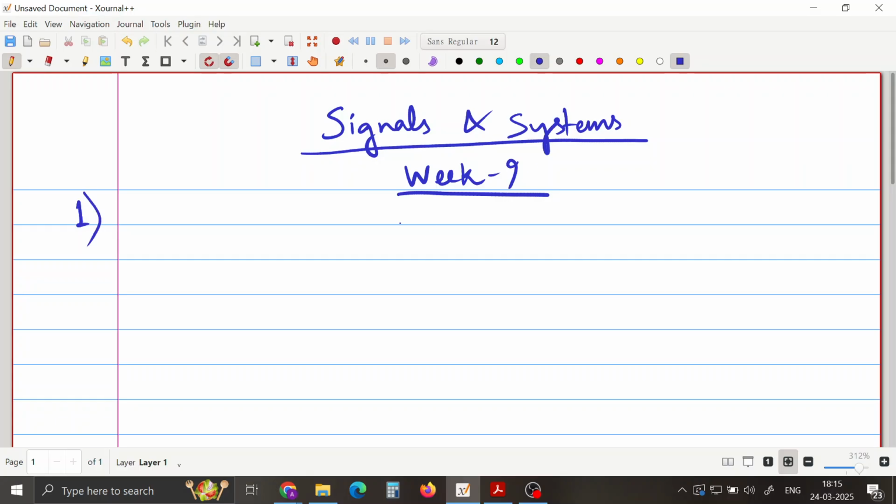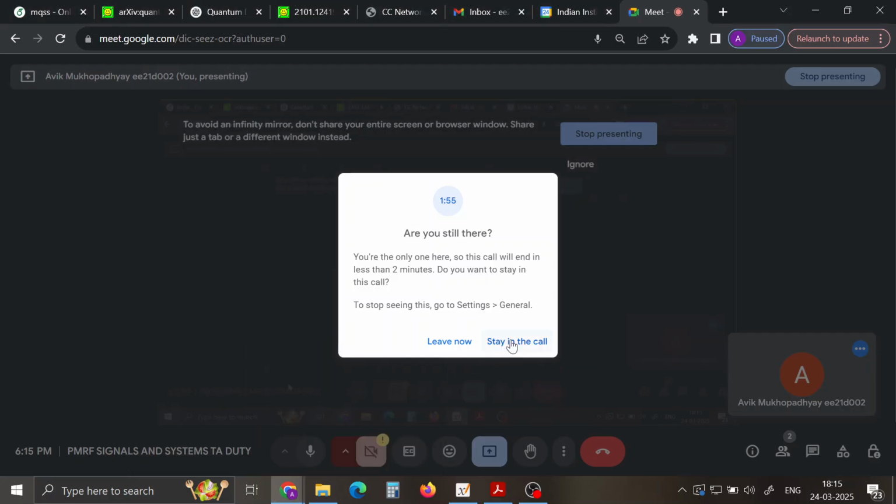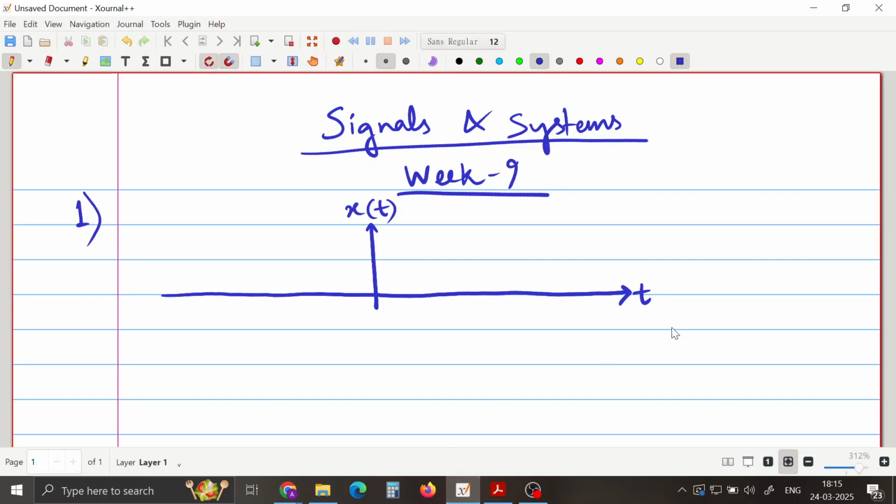First, let me draw the given signal. It is a periodic signal. Let's say this is the time axis and this is your signal x of t, and let's say this is the point t equals 0, and you have a repeating pattern of triangular waves.